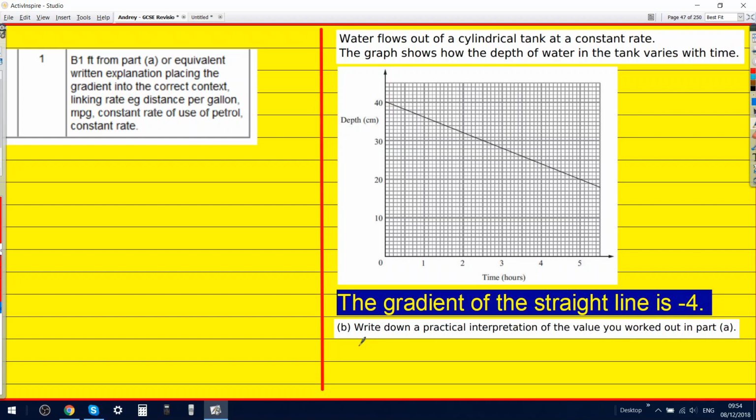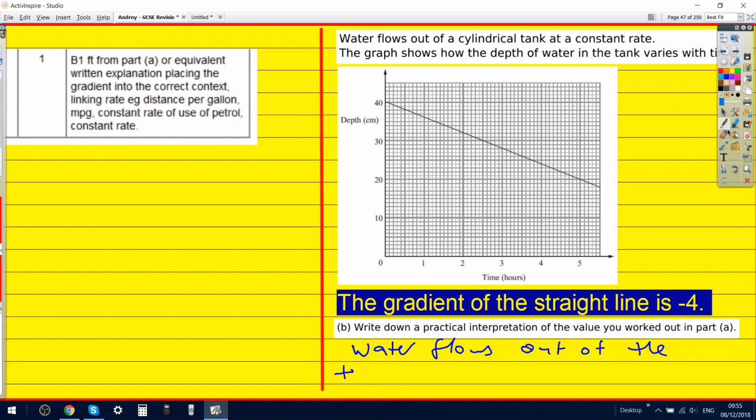Oh no, sorry. The car's tank is getting 4 centimeters shallower each minute or something like that.